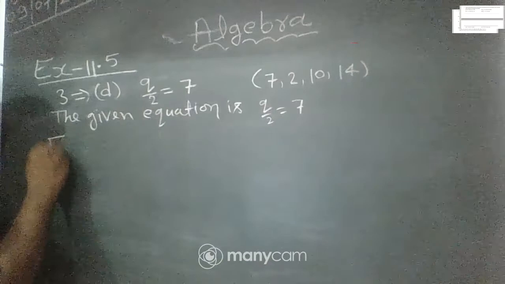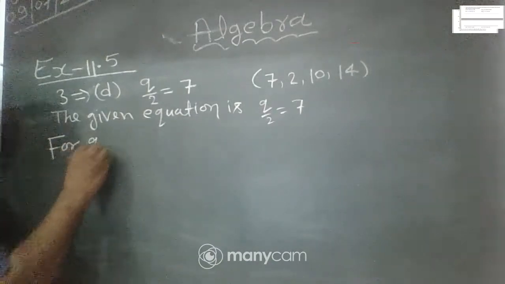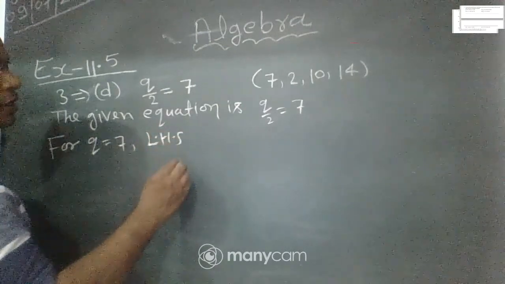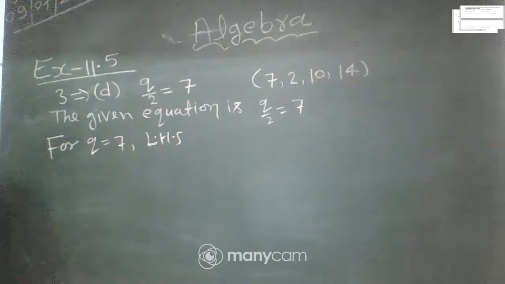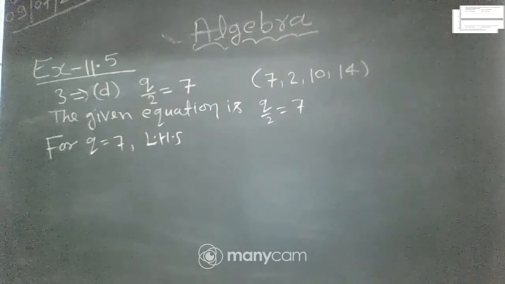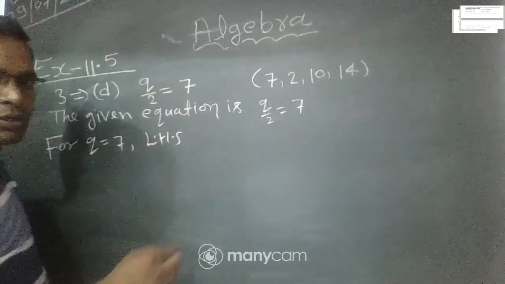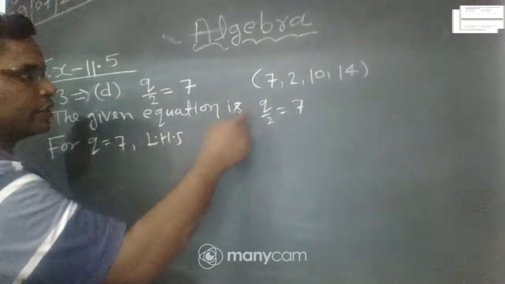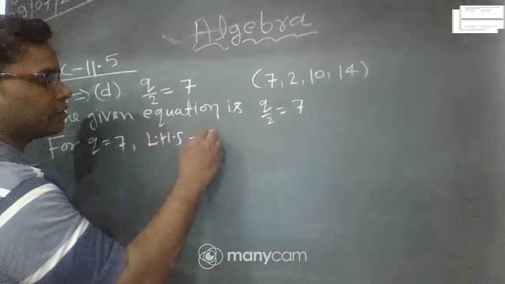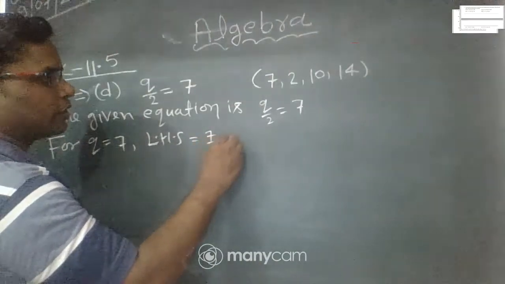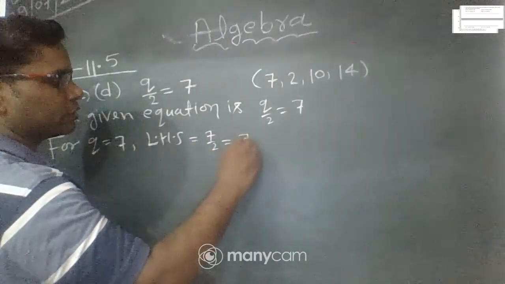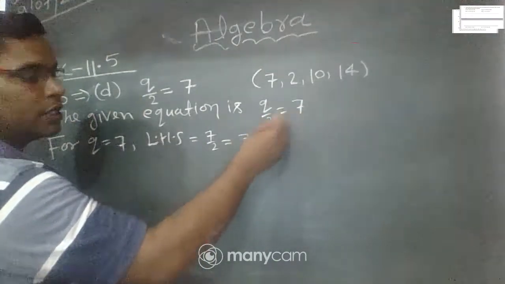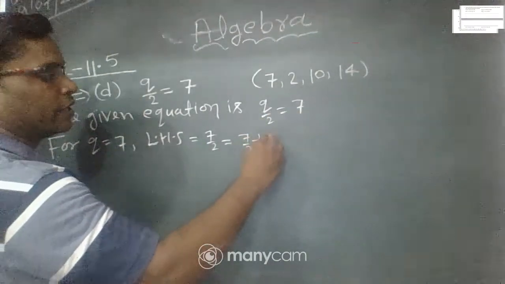So for q is equal to 7, the left hand side is q by 2, so here 7 by 2. But the right hand side is 7, so this is not equal to the right hand side.